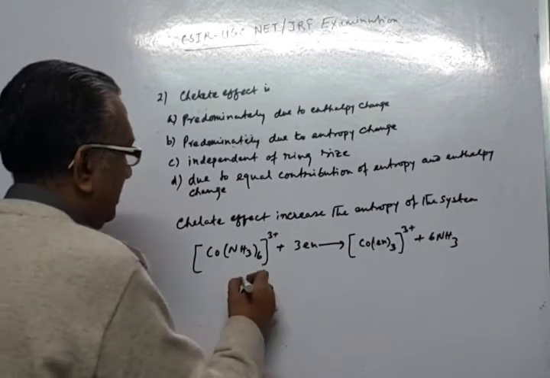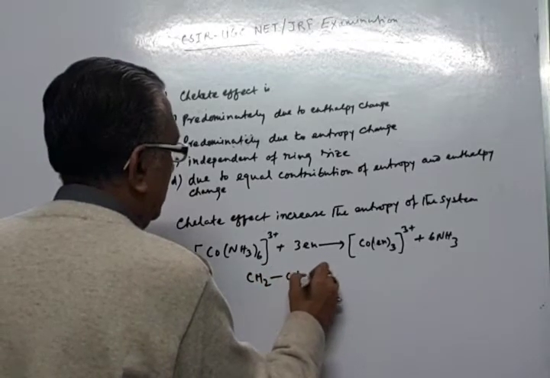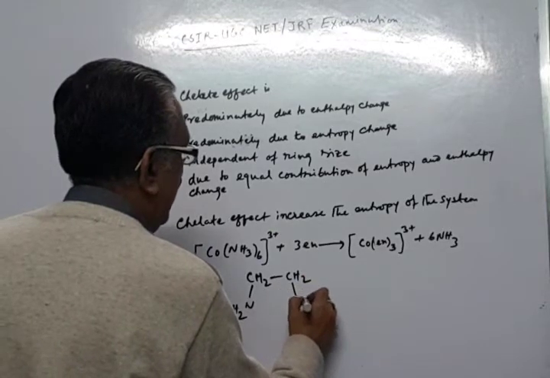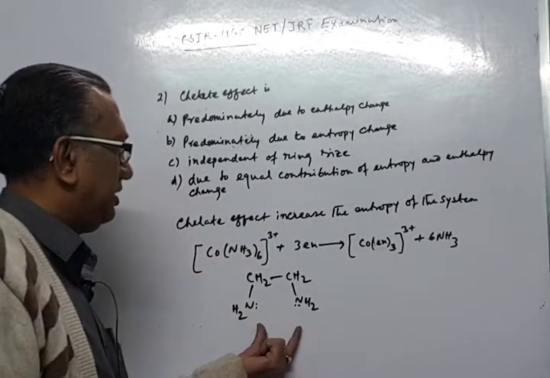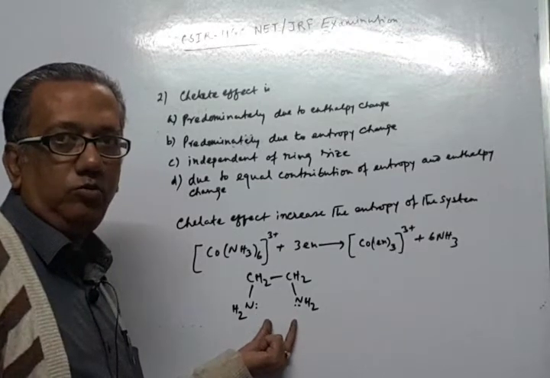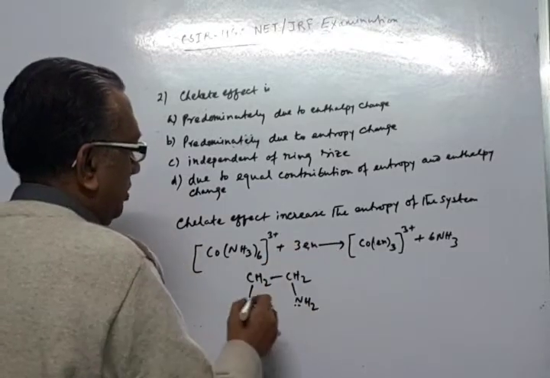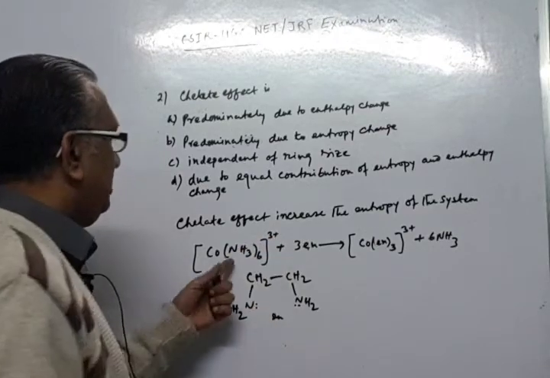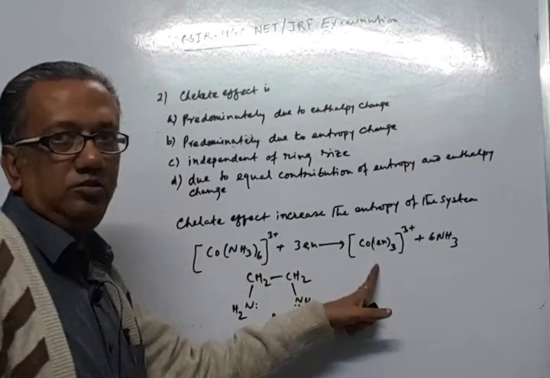Now ethylene diamine is a bidentate ligand. This is ethylene diamine. It is a bidentate ligand, and this ligand can attack the metal and occupy two coordination positions. So 3 ethylene diamine molecules, this is en, will cover all the 6 coordination positions, and 6 ammonia molecules come out of the complex.